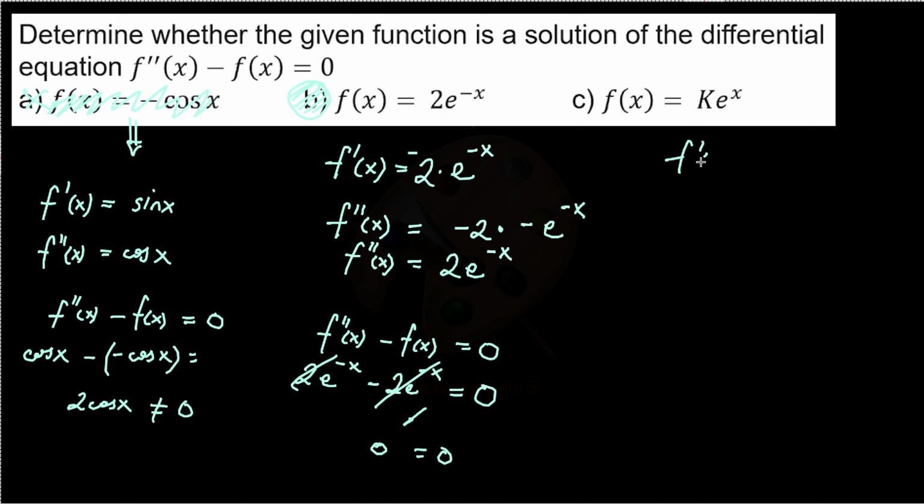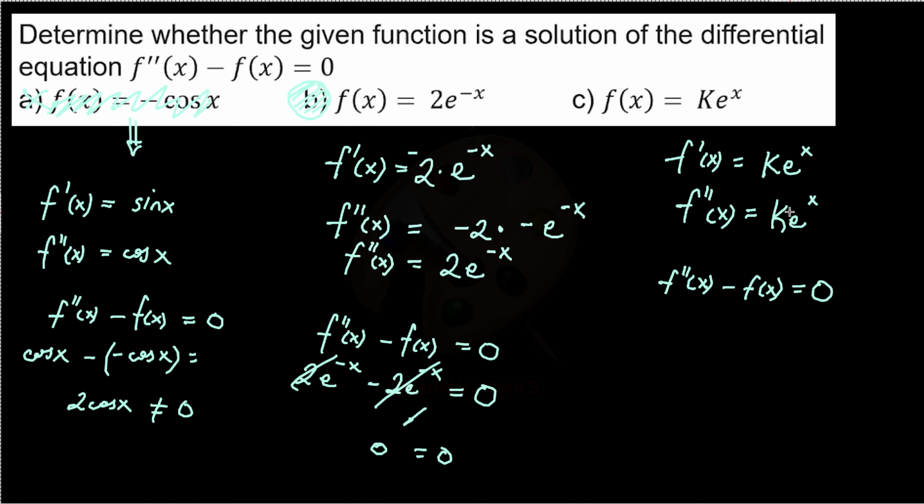So f prime of x. K we're going to assume is a constant. The derivative of ke^x is just ke^x, and the derivative of that is, of course, again just ke^x. And I believe this will be a solution, because f double prime of x is the same thing as f of x, which is the same thing as f prime of x.